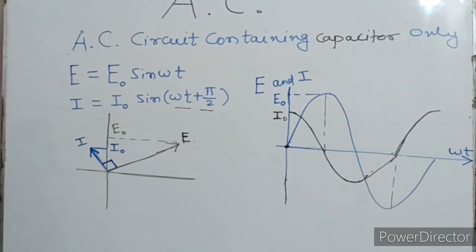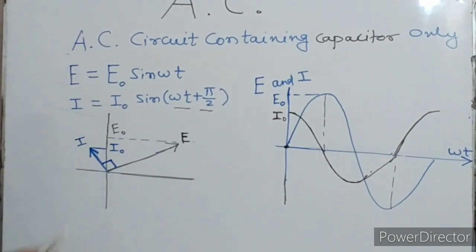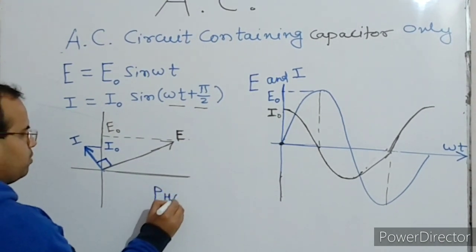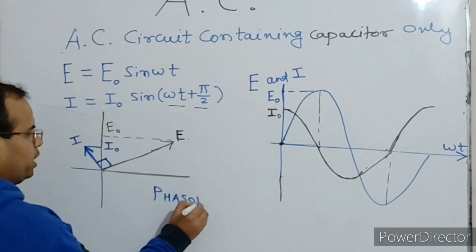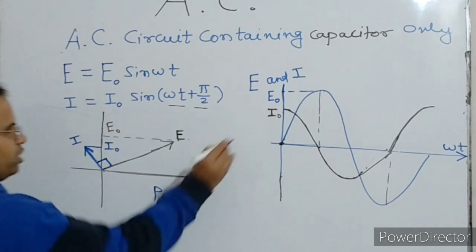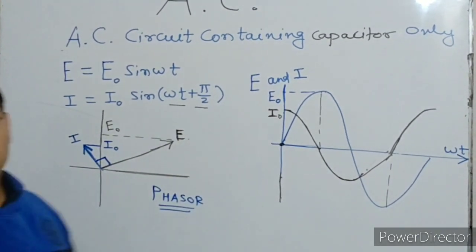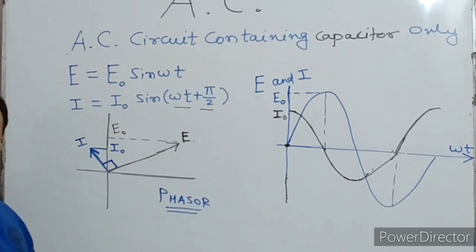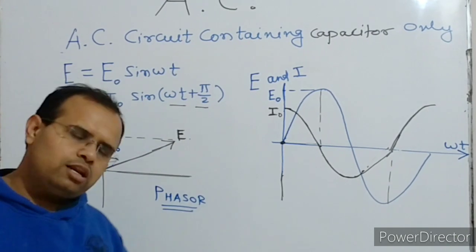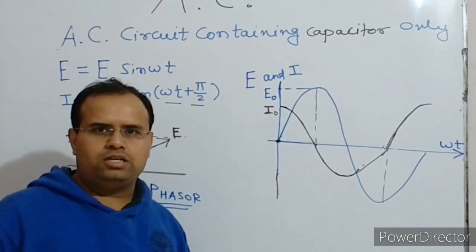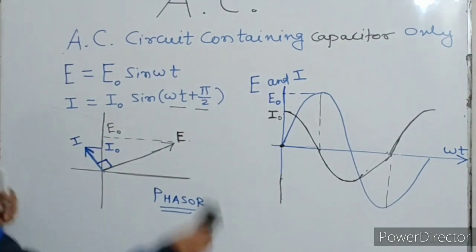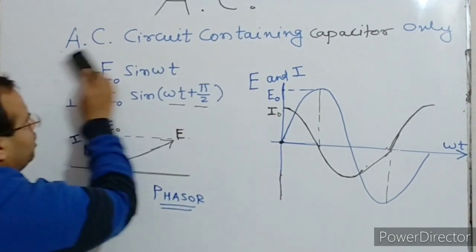Okay, so this is how we can explain it by the phasor diagram, and we discussed how it is going to vary graphically also. So this is basically the behavior of a capacitor when an alternating EMF is connected across the ends of the capacitor. Okay, I hope it is clear to you.